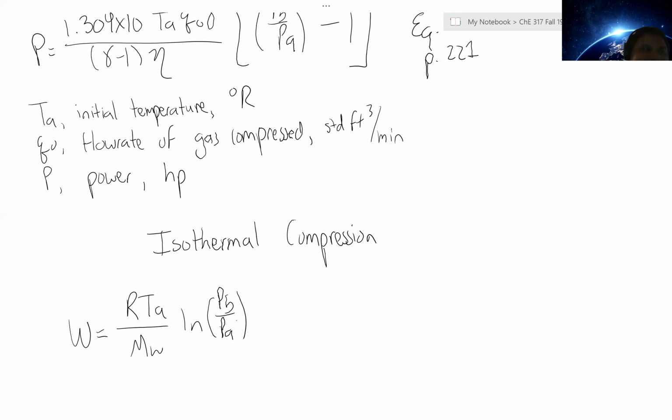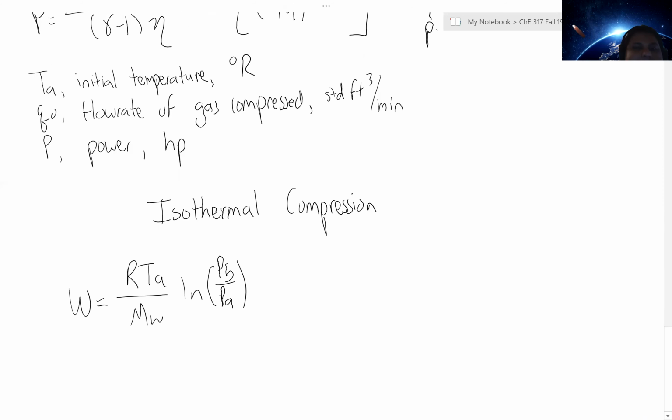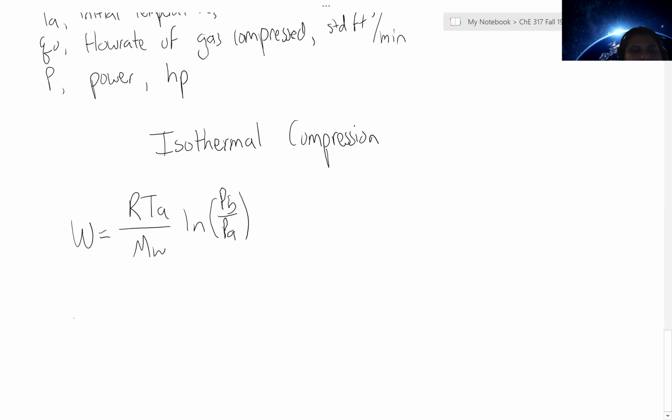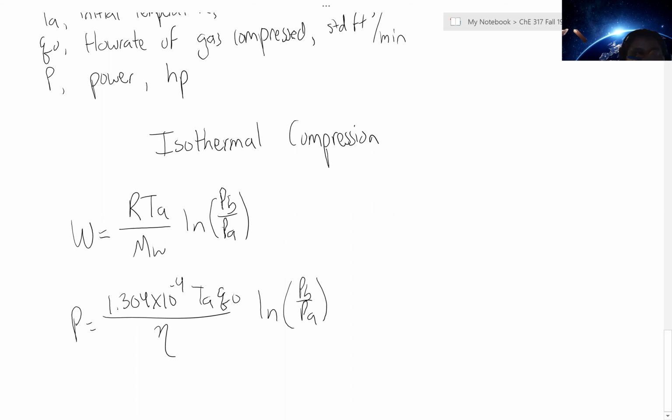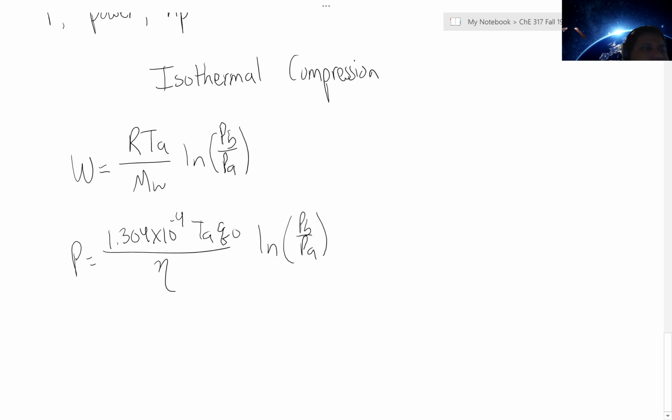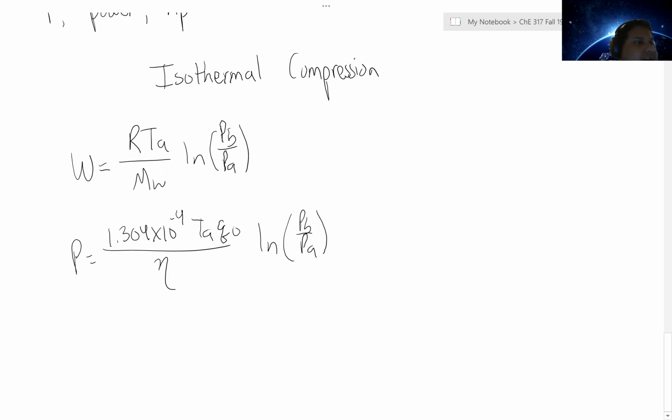And to solve for power in isothermal compression, we have 1.304 times 10 to the minus 4 times our initial temperature times our flow rate divided by our efficiency times the natural log of our compression ratio. Where T_A is going to be our initial temperature in degrees Rankine.